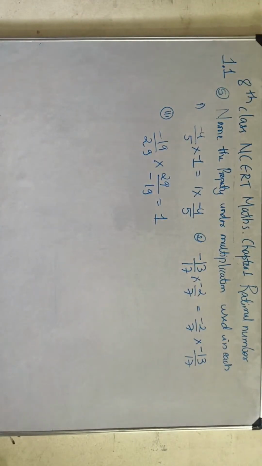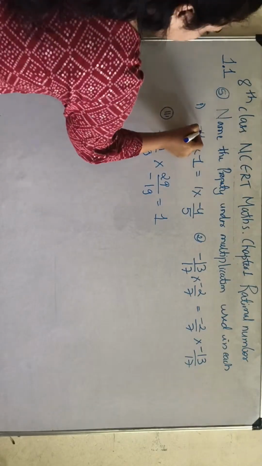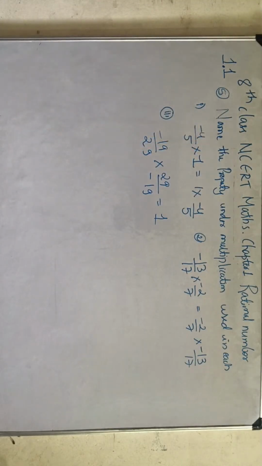In exercise 1.1 in the NCERT, they ask to name the property under multiplication used in each of the following, and we have to tell which property they used here. One by one we will see.